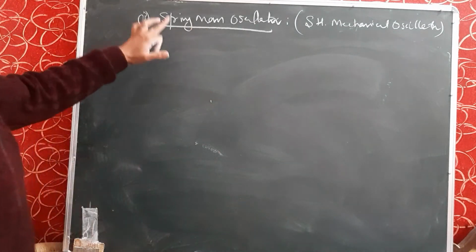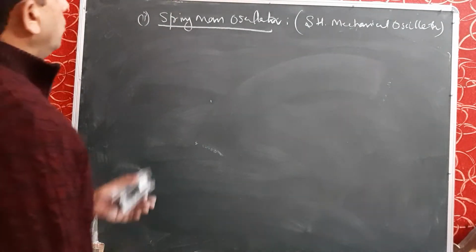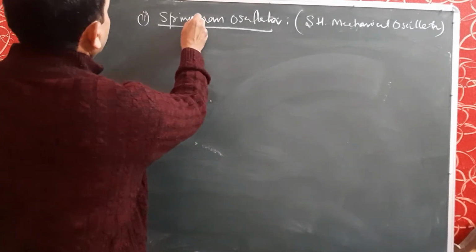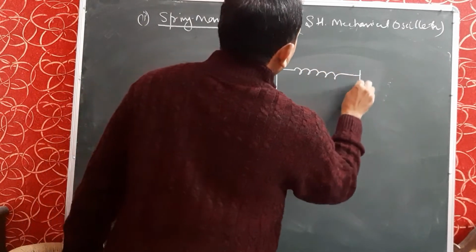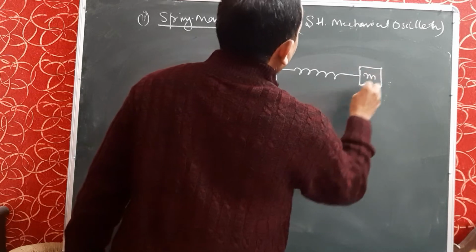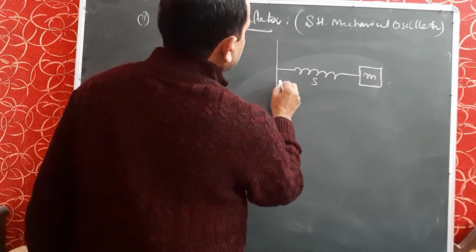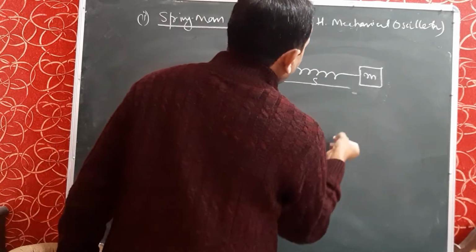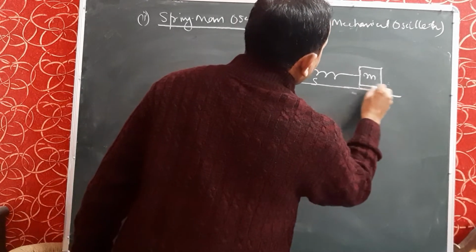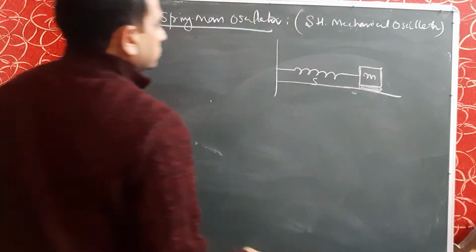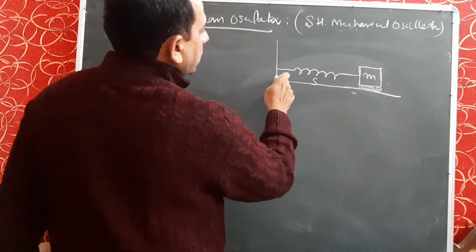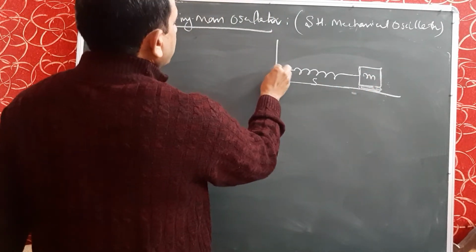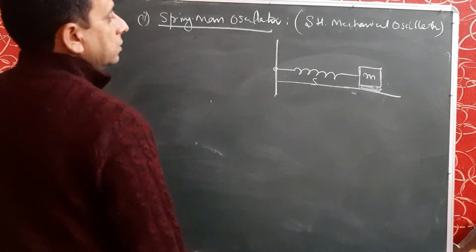So what is a spring mass oscillator? From the meaning of spring mass, it is clear that it consists of a spring and a mass m attached to it. So this is the spring mass problem or spring mass oscillator. Let it be on a table. A mass m is attached to the spring and one end of the spring is tied to the wall.